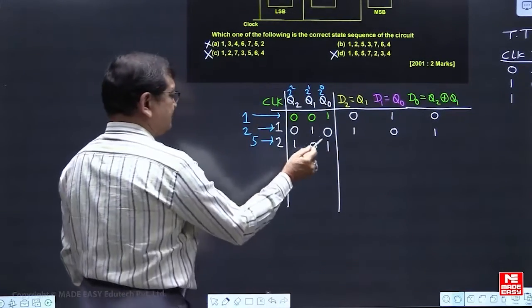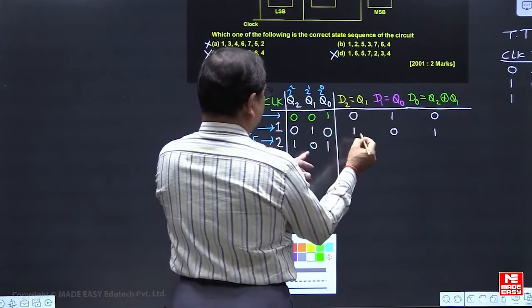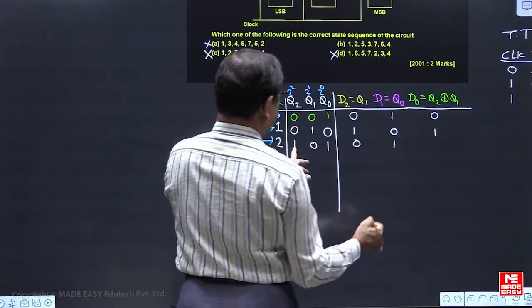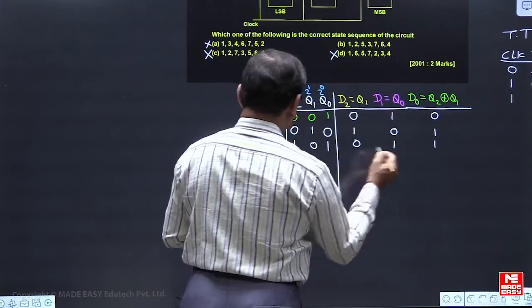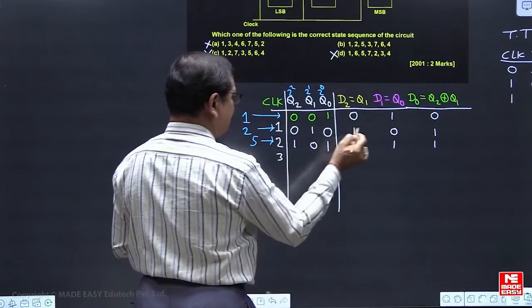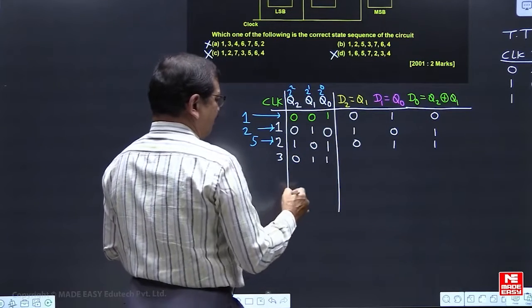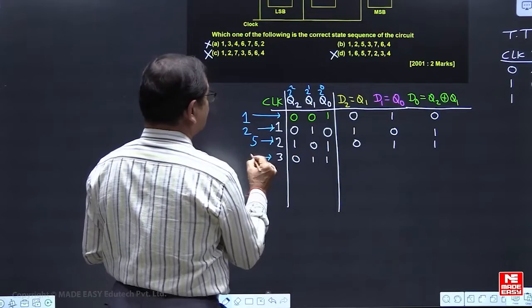Now, based on this present state, the inputs are: Q1 is 0, Q0 is 1, and XOR between Q2 and Q1, 1 exclusive OR 0, is 1. When you apply the clock signal, it is 0, 1, 1. So the decimal value we are looking at here is 3, and it is matching.